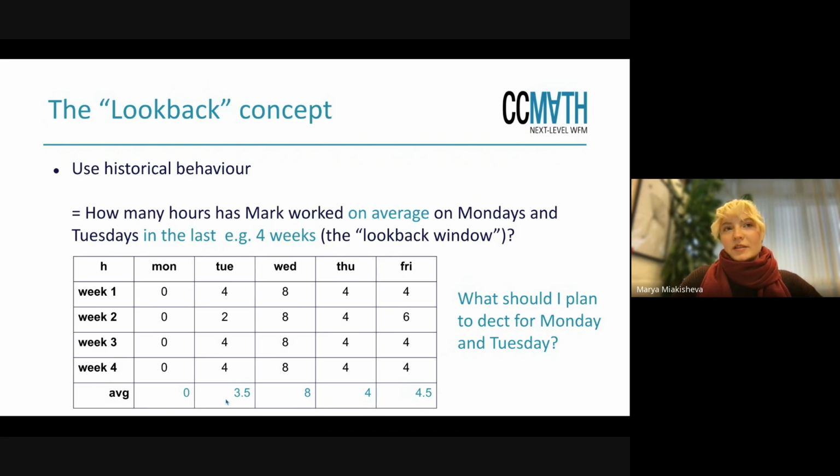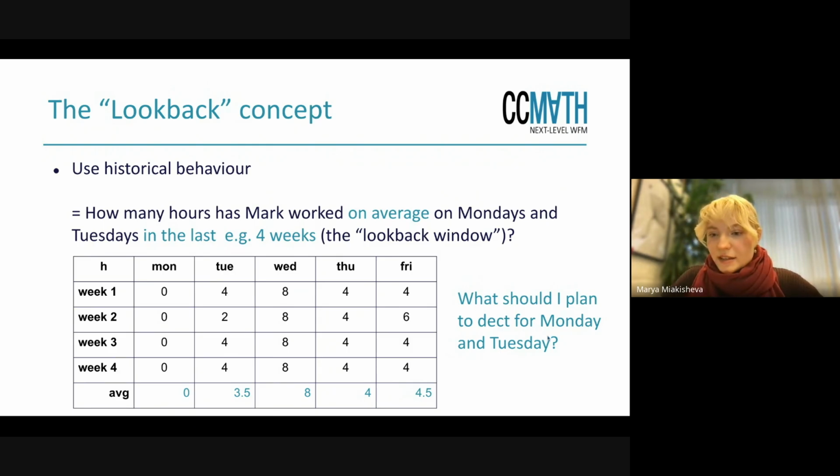Maybe in the week that he's asking for, he will also again ask 2 hours or work 2 hours, maybe 4. So in this example, we are looking at the average in order to smooth out these variations. And therefore, we can deduct 3.5 hours.